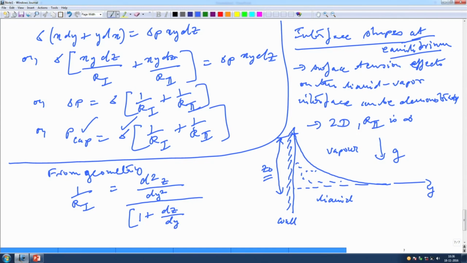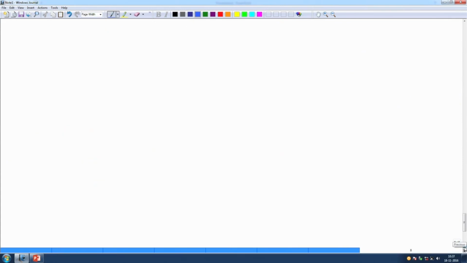If you have forgotten it, please look it up. This is written in terms of the gradients. The z-y surface is a geometric surface. That should be the expression for R1, but we have to find out what the functional form of these terms is. That is the whole purpose of doing this particular exercise. Let us move to the next one.